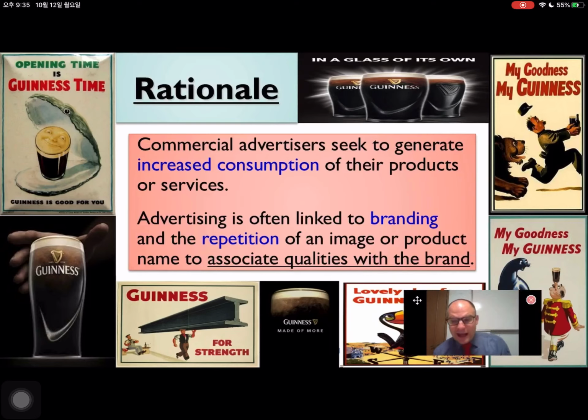Obviously, we know alcohol is not a particularly good thing for you to consume in large quantities, but Guinness had this reputation of being an incredibly healthy drink, so much so that, this is a true story, when my mum was pregnant with me, the doctor recommended that she drink half a pint of Guinness once or twice a week because it was really healthy.